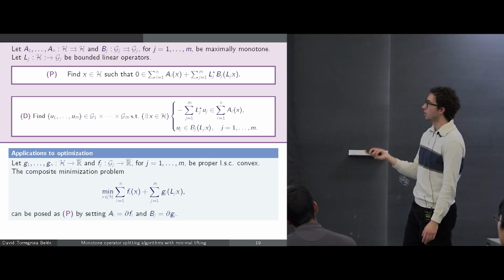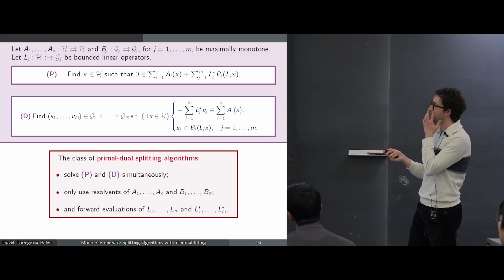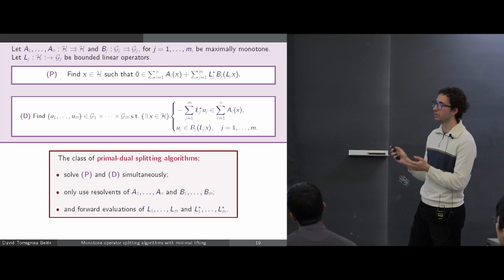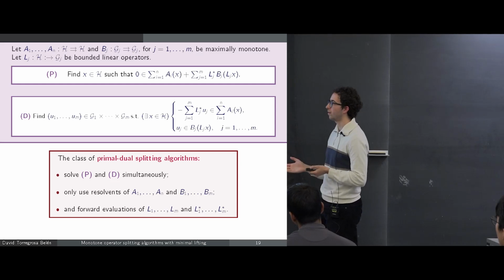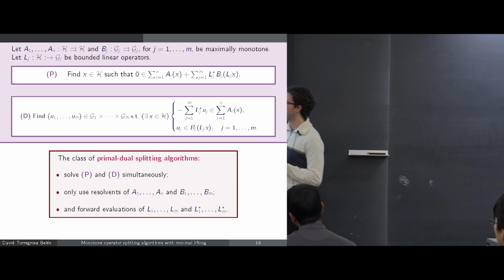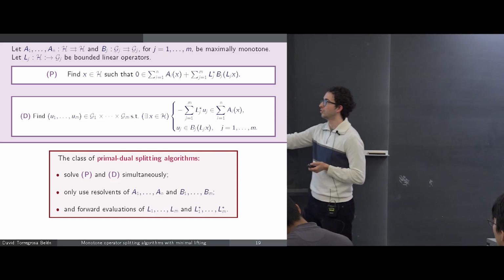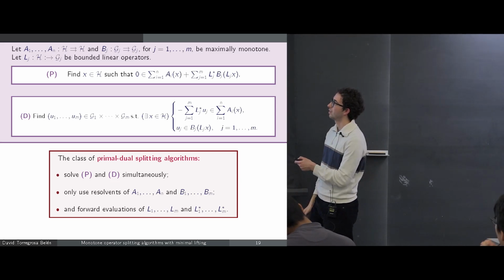So the class of splitting algorithms that are used to address this problem are called primal-dual splitting algorithms. And as I said, there are some things that you require in order to have a good splitting algorithm: you want to solve both the primal and the dual problem simultaneously. So you need variables on both the primal space and the dual space, which, as you can see, are given by these maximally monotone operators.